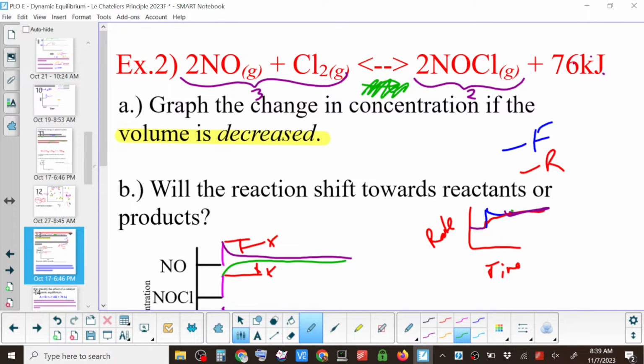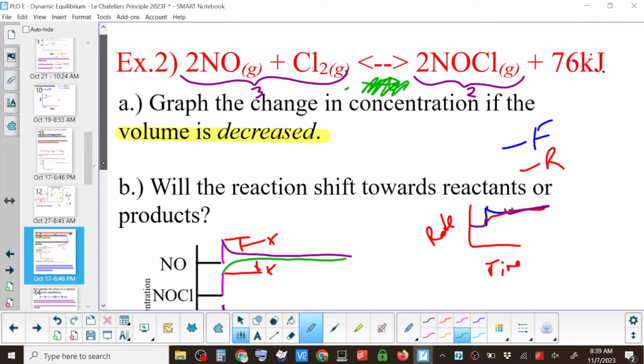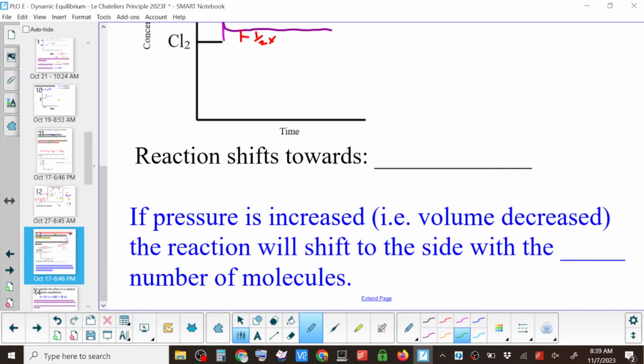Or you added so much of one thing that the amount of Cl2 just increased by orders of magnitude. We're not adding 10 moles anymore, but like 10 to the 3 moles. It'll just all go the other way, and it will become overwhelmed. Or temperatures are so high that the reaction just goes to one side. Technically, though, it will always be a tiny bit at equilibrium if it's a closed system.